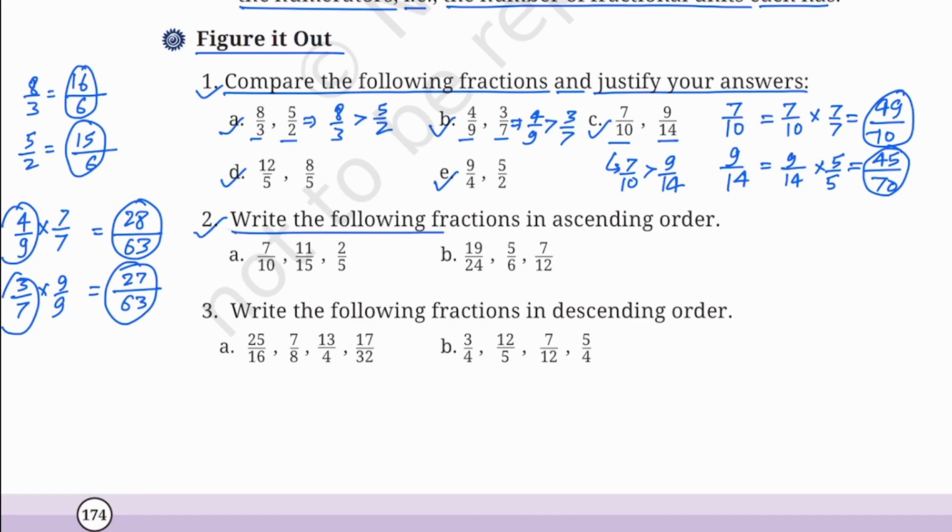2. Write the following fractions in ascending order. A. 7 upon 10, 11 upon 15, 2 upon 5. For this question, you have to make equivalent fractions for every fraction. Common multiple of 10, 15 and 5 is 30.